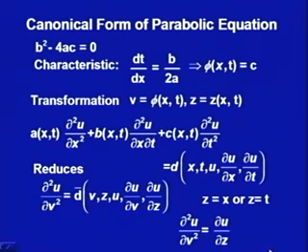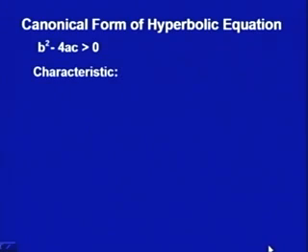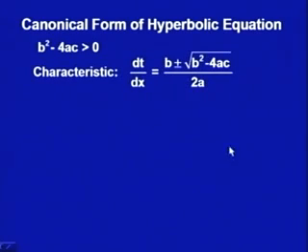Let us take the case of the canonical form of the hyperbolic equation. Hyperbolic means b square minus 4 ac has to be positive. That says my characteristics would be given by dt by dx is equal to b plus minus square root of b square minus 4 ac upon 2a. Because b square minus 4 ac is positive, we will get two equations, so two characteristics.